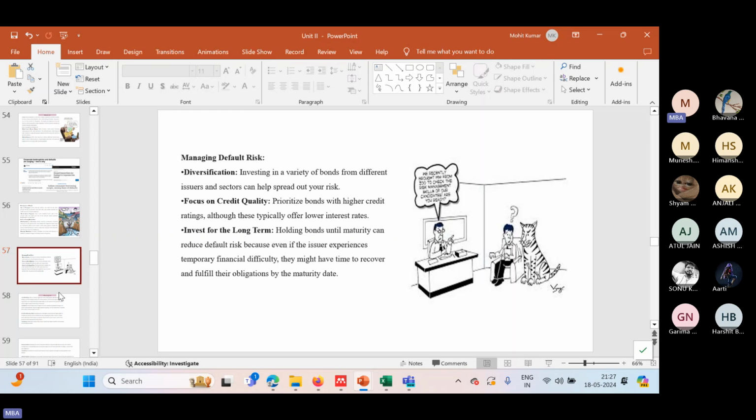Whenever you read all these things, read very carefully and analyze them critically, because you are already in an MBA now. Whatever is written in the book or given in the concept, just don't read it. If you find something a bit contradictory or a bit wrong, discuss it with your faculty, discuss it with me, and then make your own decisions.